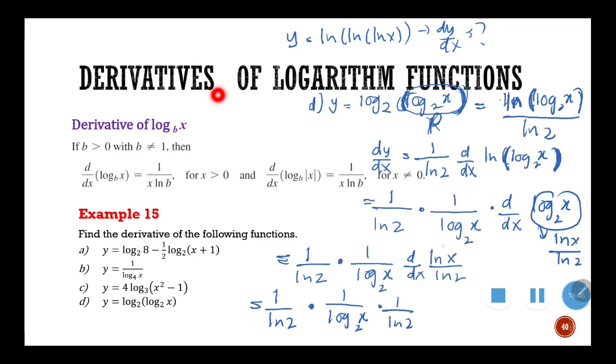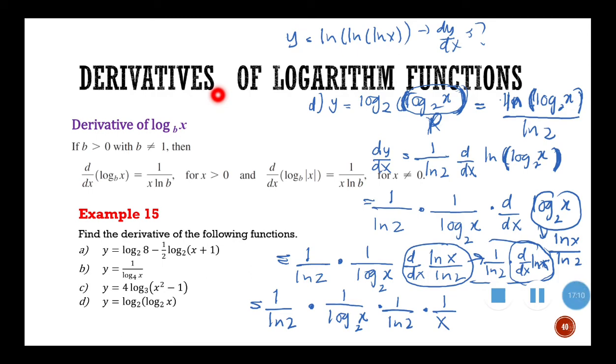So meaning to say this one is equals to 1 over ln 2 d dx of ln x. You differentiate ln x, you dapat apa? You dapat 1 over x. Okay, alright, so that is the answer.